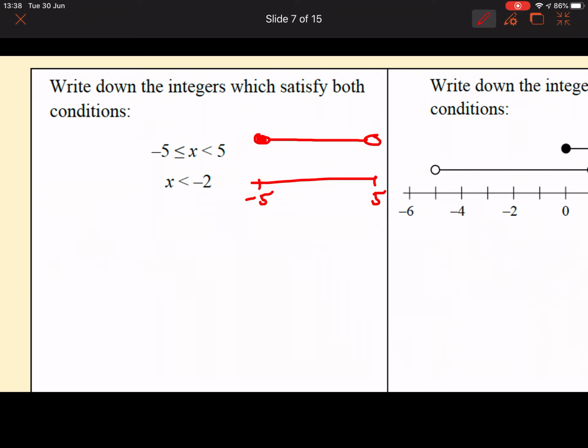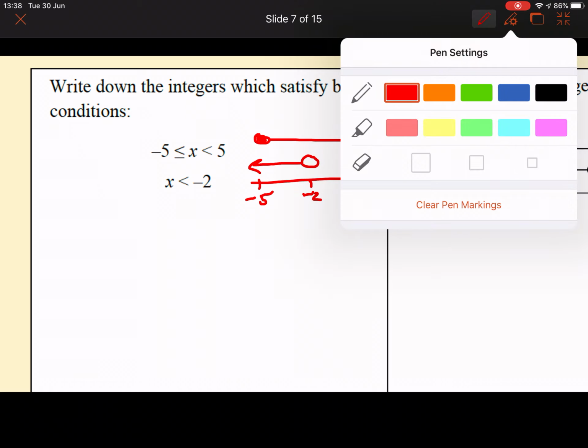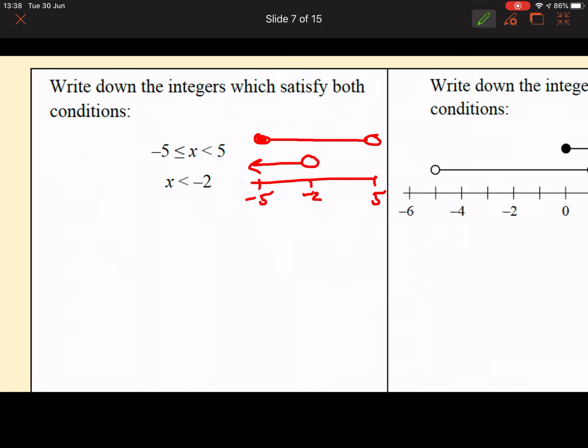And then our second one would be x is less than minus 2. So let's say minus 2 is here. X would be that way. So which section would satisfy both of those? Can you see it's going to be this bit where they're overlapping? That is where the numbers are in both of those inequalities.